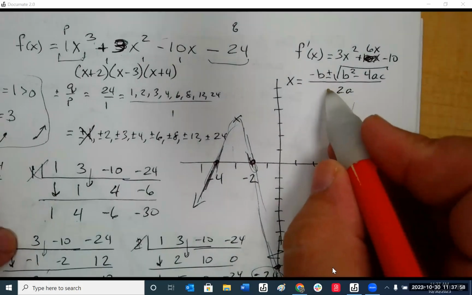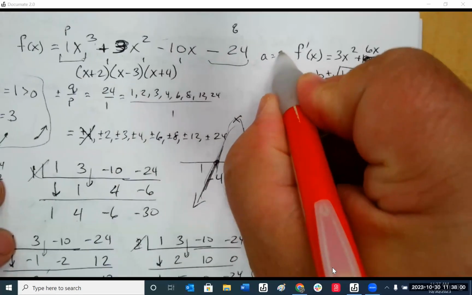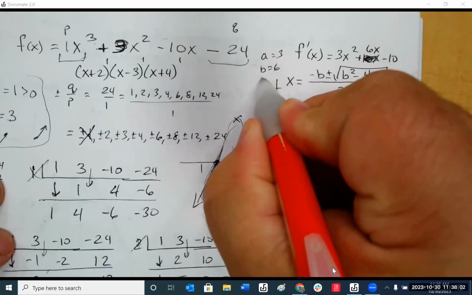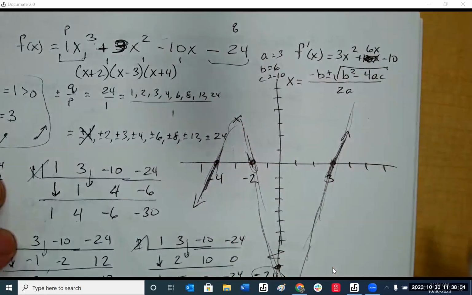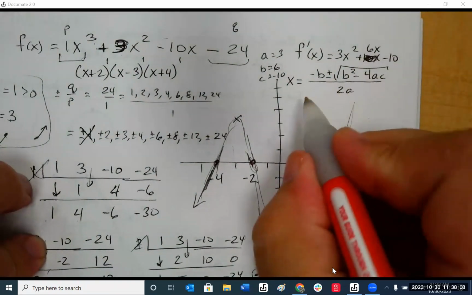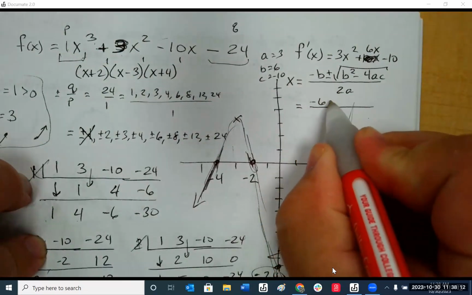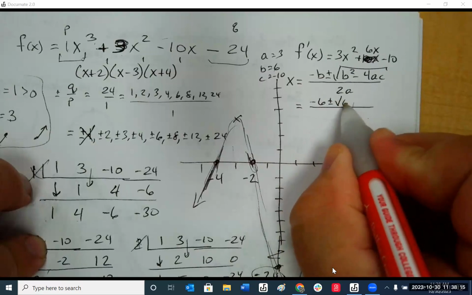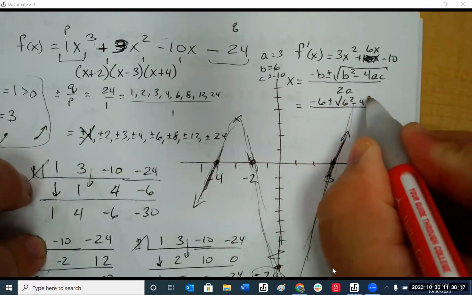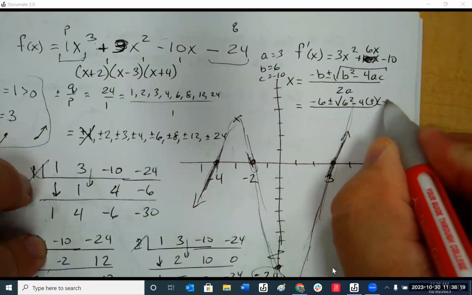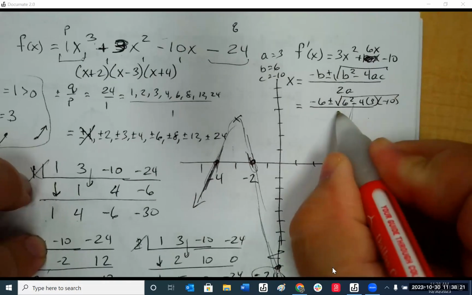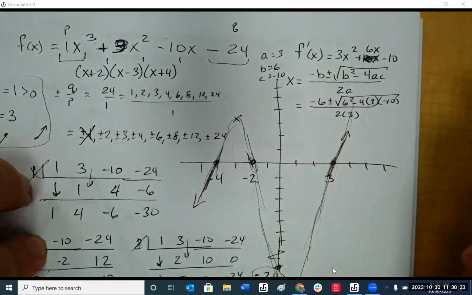So what we have here now are A is 3, B is 6, and C is -10. We have -6 plus or minus the square root of 6 squared minus 4 times 3 times -10, over 2 times 3.